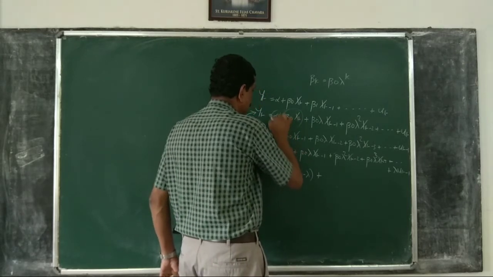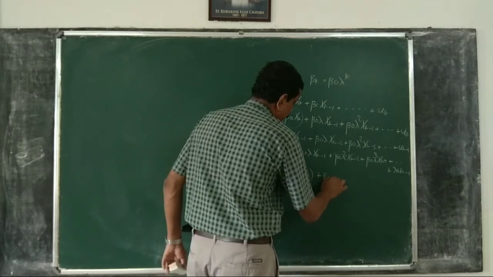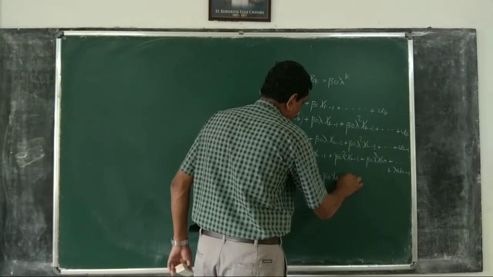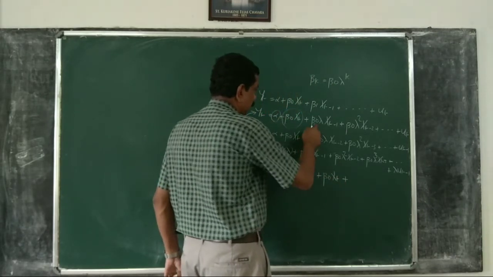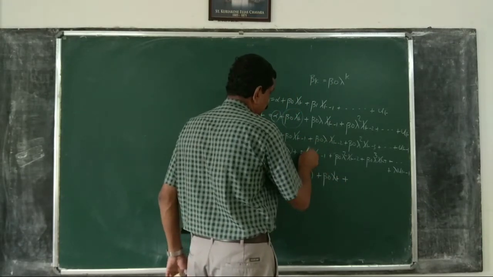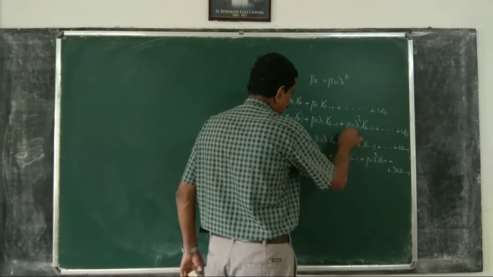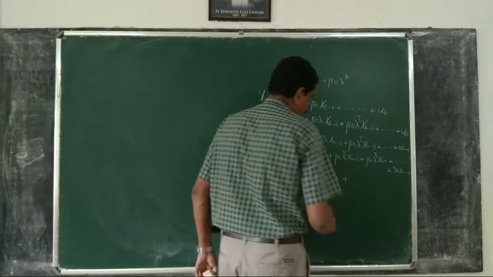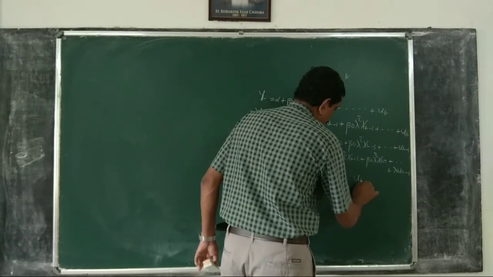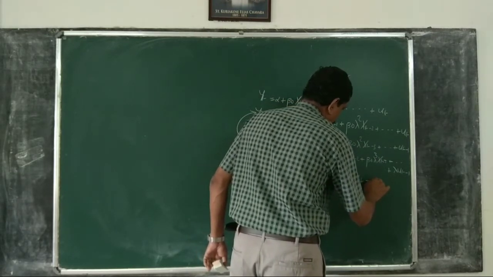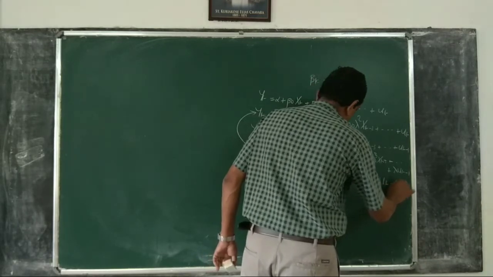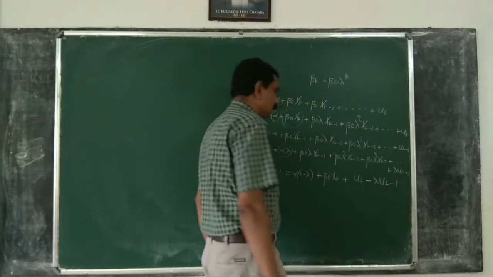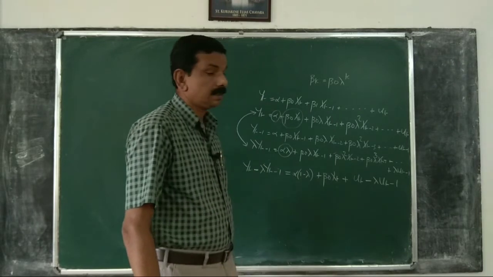This we have taken, beta 0 xt, plus, as you can see, beta 0 lambda xt minus 1 cancelled, beta 0 lambda square xt minus 2 cancelled, all these terms will be cancelled. So plus ut minus lambda ut minus 1.